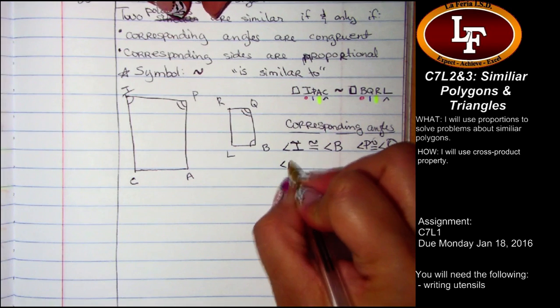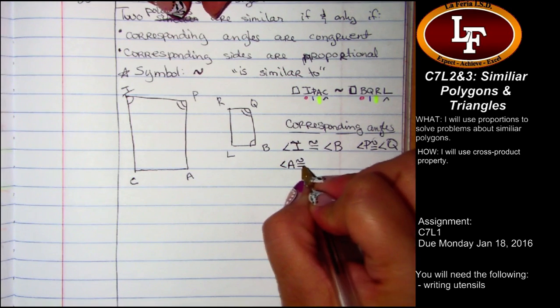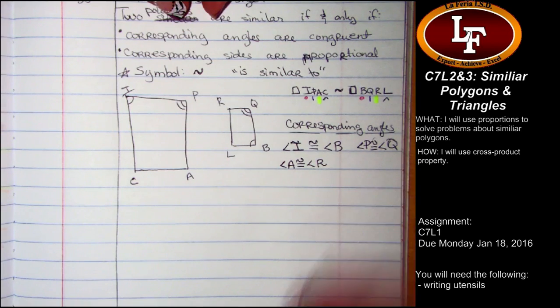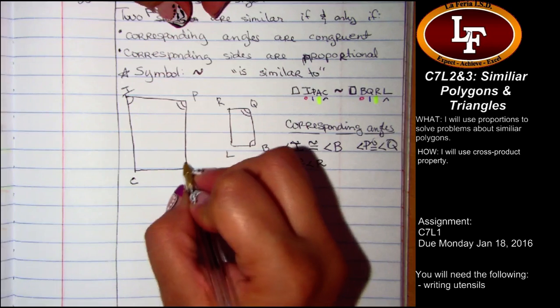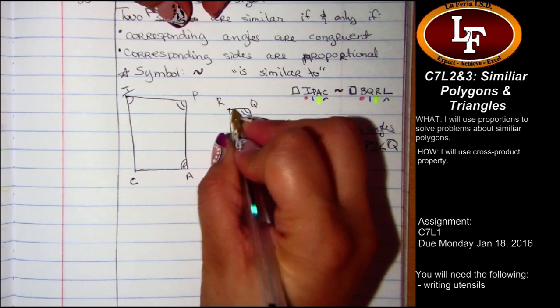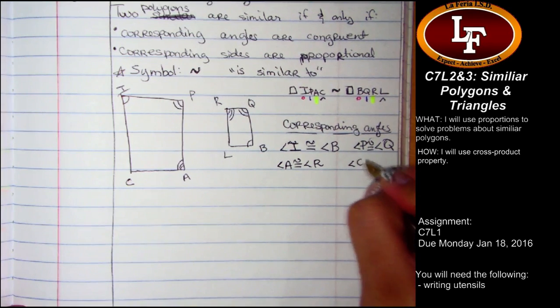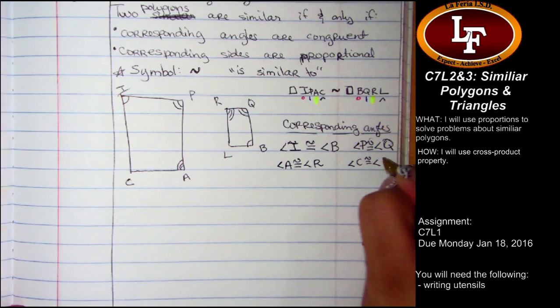The next letter of the first figure is A. It is congruent to the following letter of the other figure, R. And so A is congruent to R. Can you see the last congruent statement? Yes. All right, it's going to be C congruent to angle L.